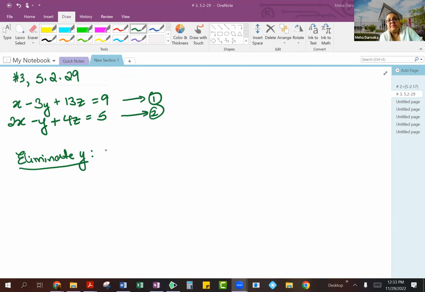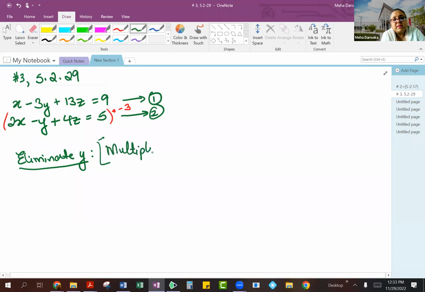Eliminate by multiplying your second equation by negative 3. Very nice. So since this guy is negative 3, we want the second one to be positive 3. And for that, we will need to multiply this guy by negative 3. So we are multiplying equation 2 by -3, and then we are adding equation 1.